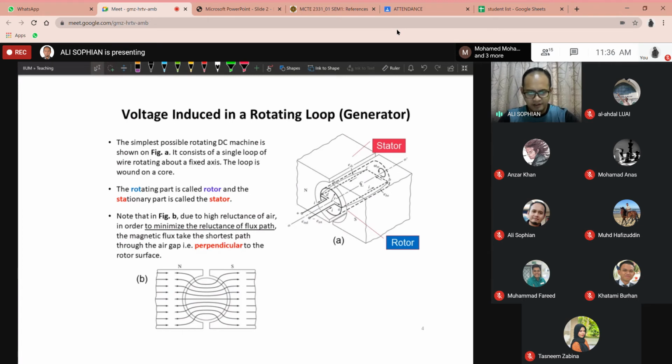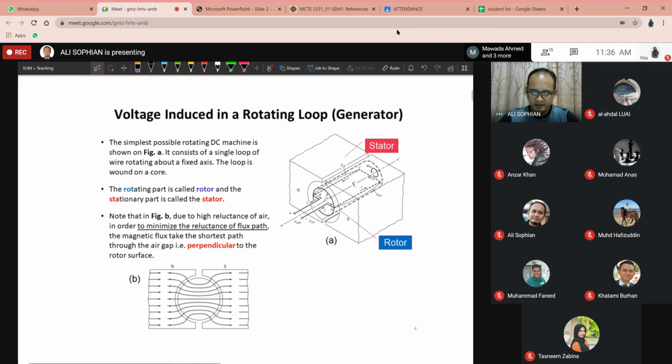Again, we are starting with a single loop, and that loop is rotating, as we will see later. If you look at the illustration on the right hand side, can you see the loop? It's made of a piece of wire, which is this one here.